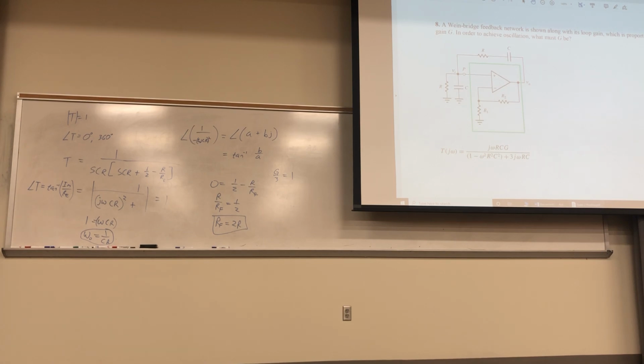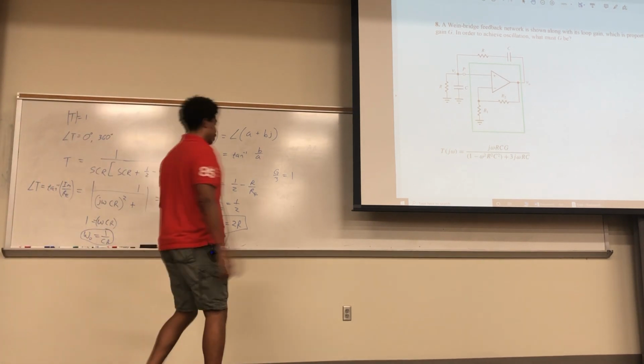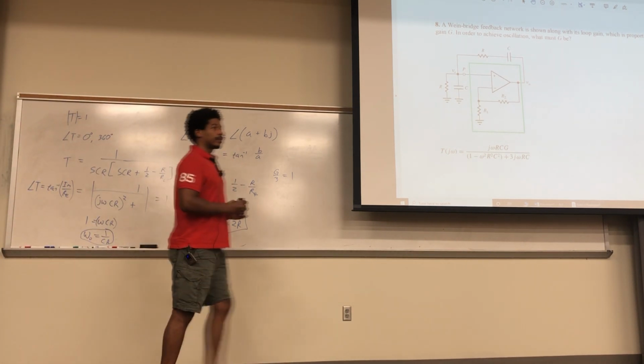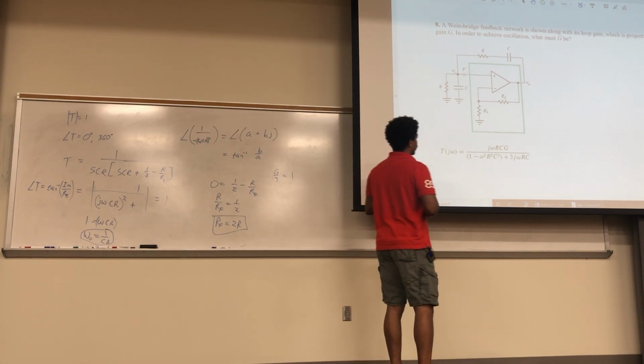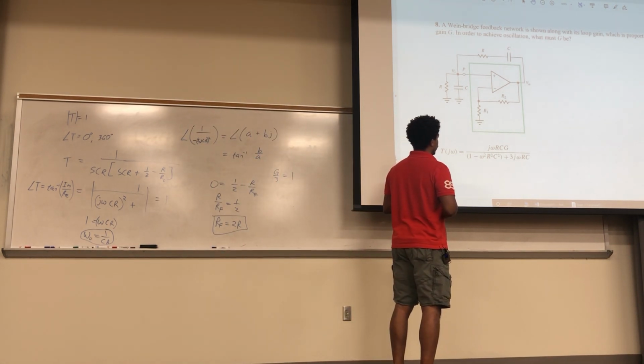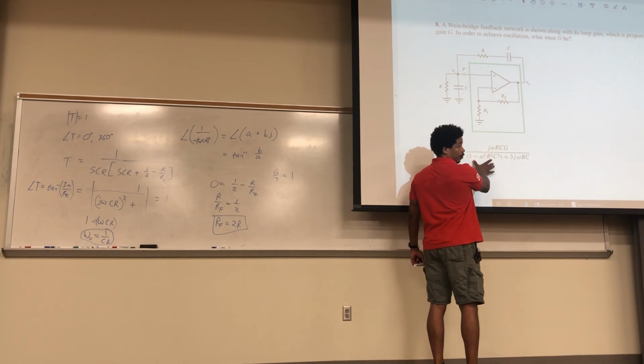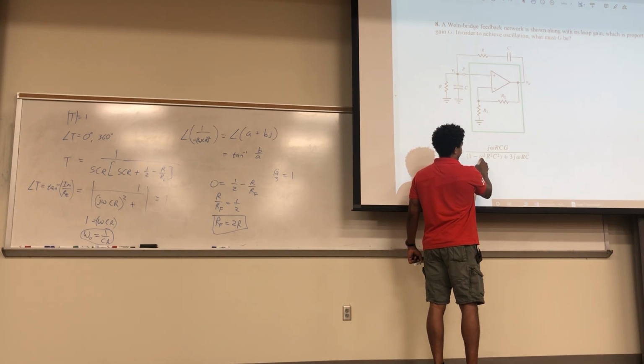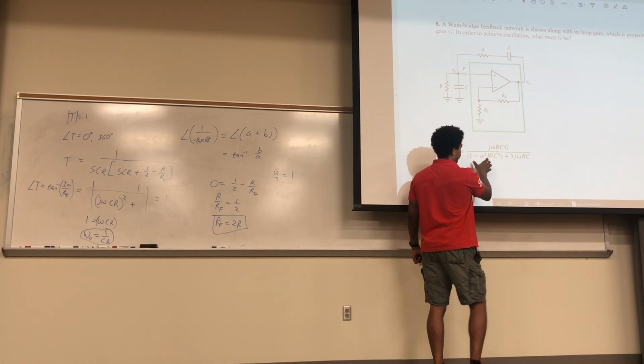I'm sorry, what? Oh, yeah. If you want to find out the frequency, this whole thing right here needs to be set to 0. That's going to allow you to find out what omega is, but we're not trying to find the frequency.